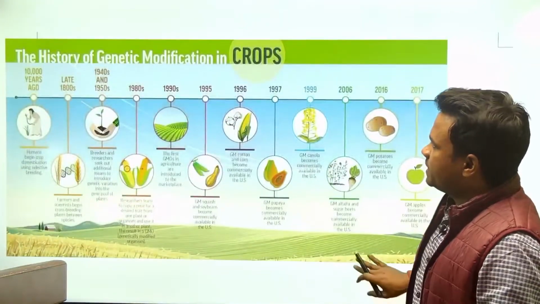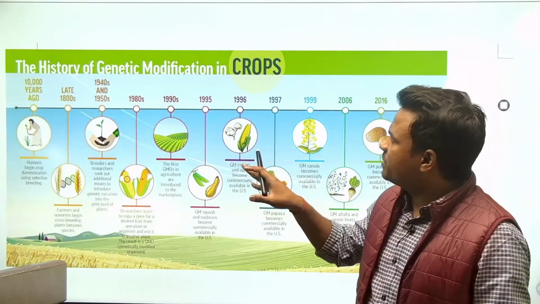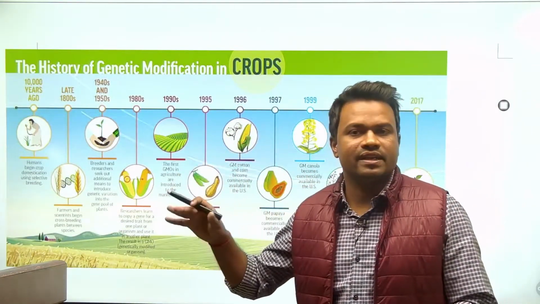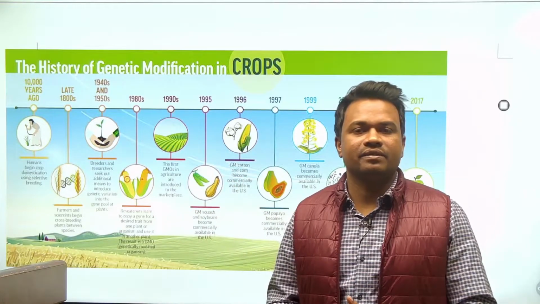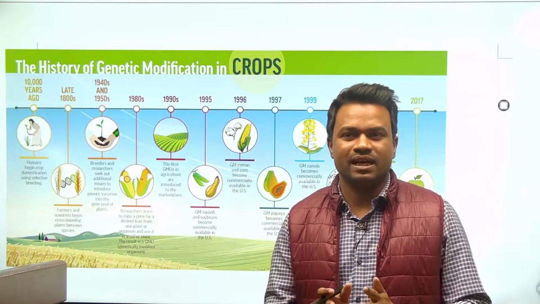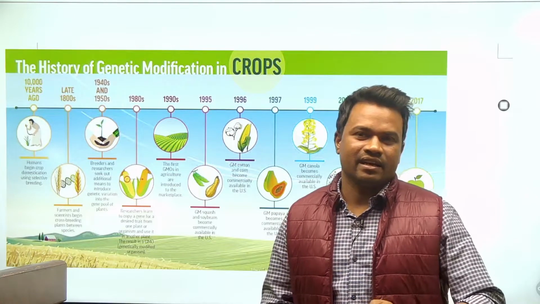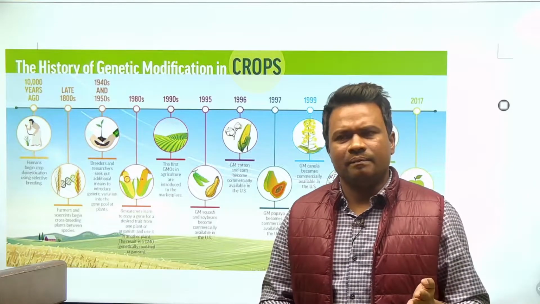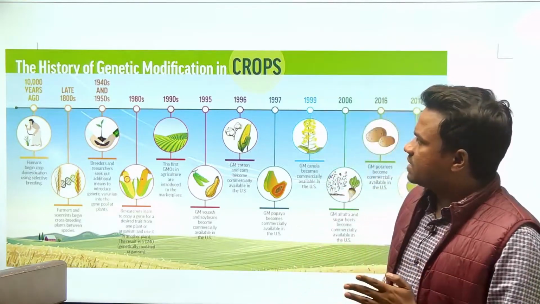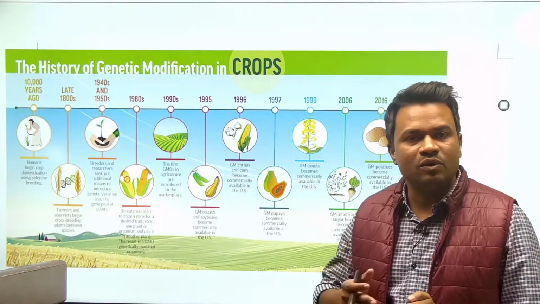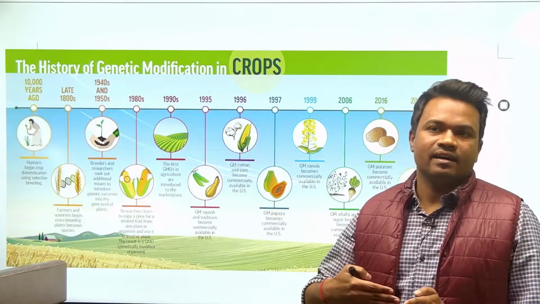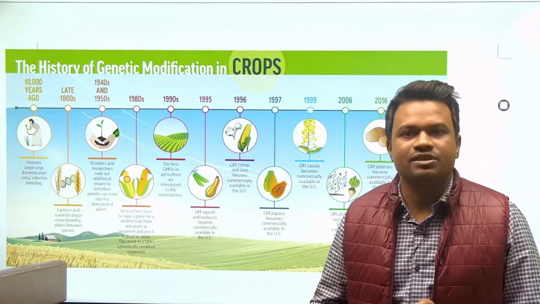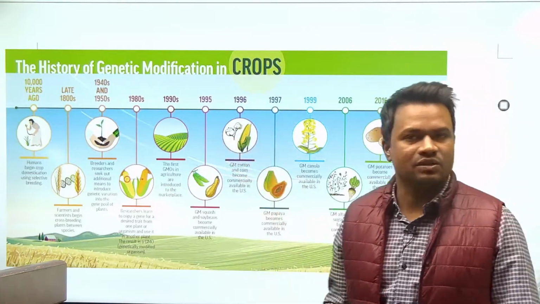Now, if we see how this genetic modification came about, as I stated in the beginning, we started our journey as civilized humans right from 10,000 BC, and the process of achieving command over agricultural practices started then too.